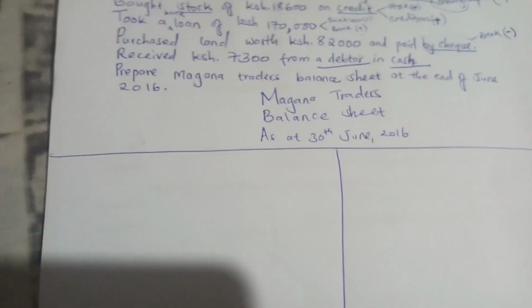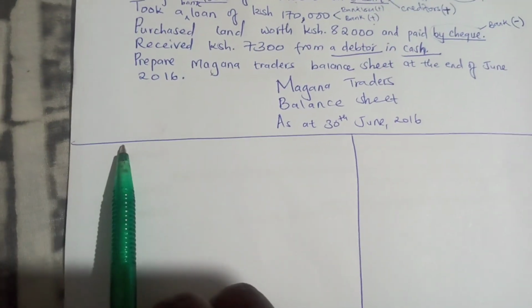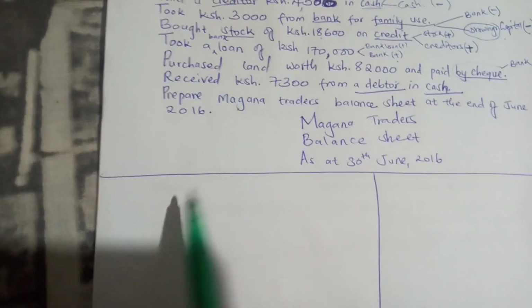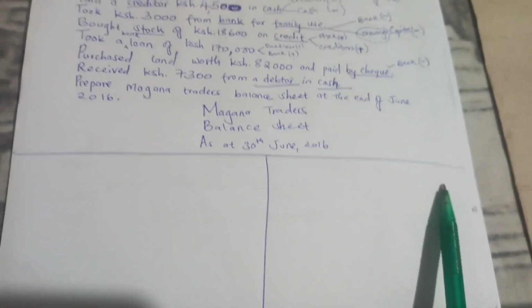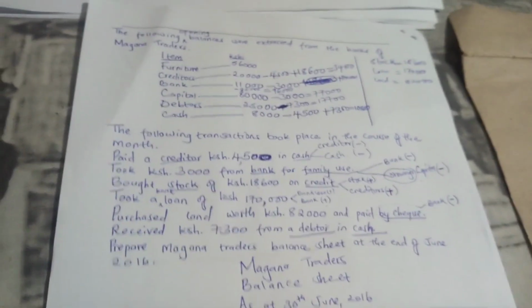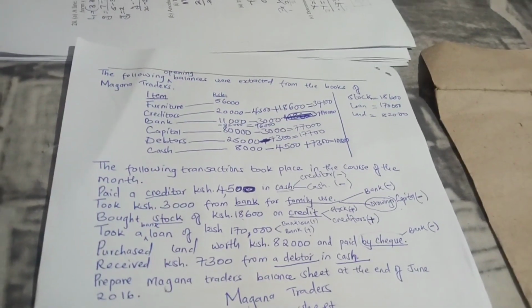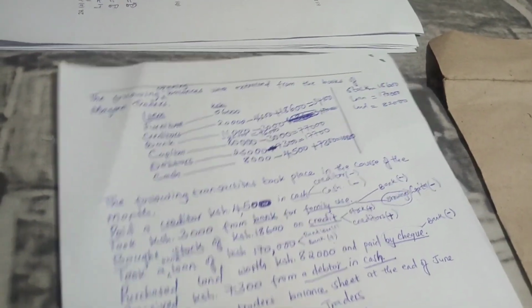Then you draw a capital T. We are going to use our left hand side for the assets, and the right hand side for capital and liabilities. We have our assets. We start with our fixed assets.